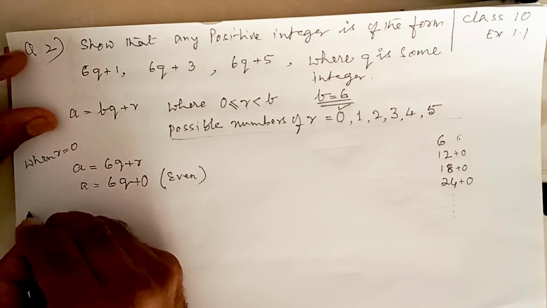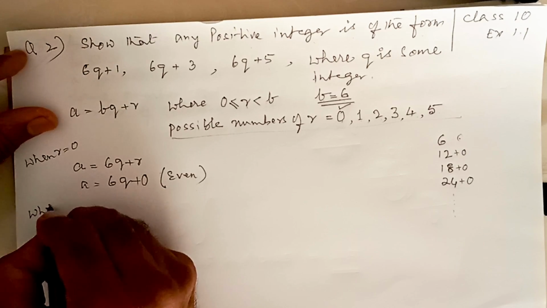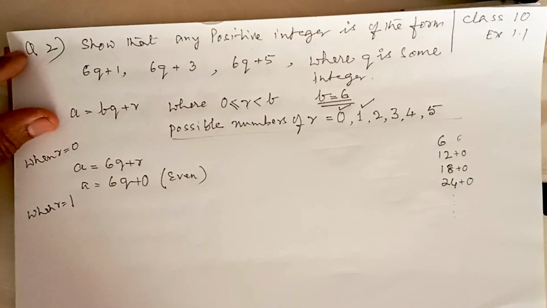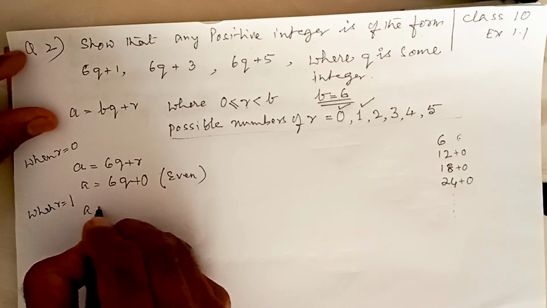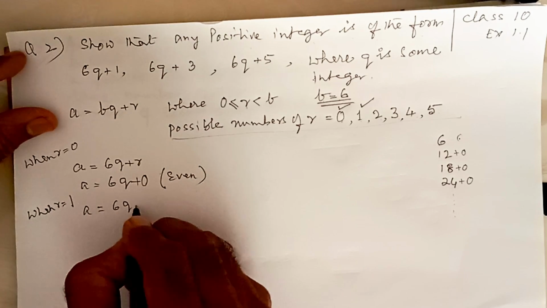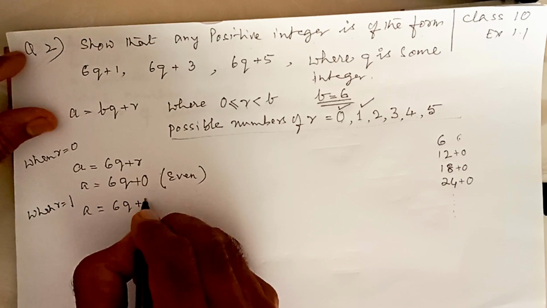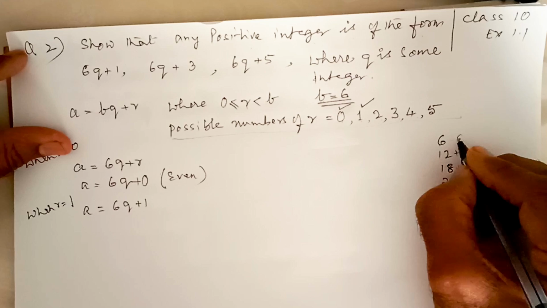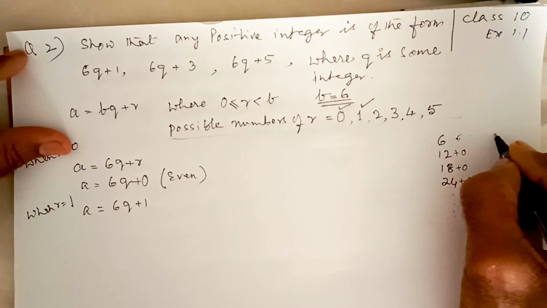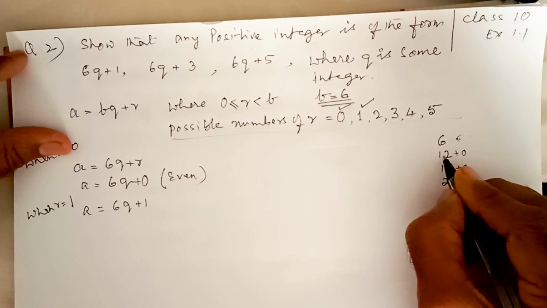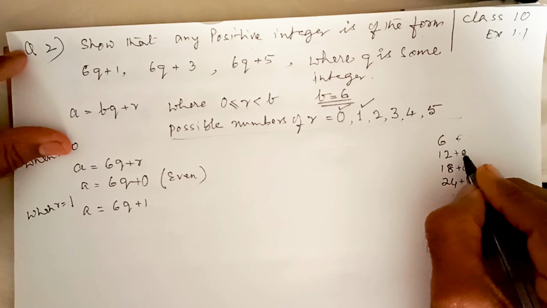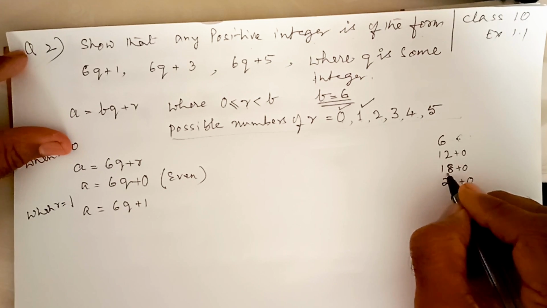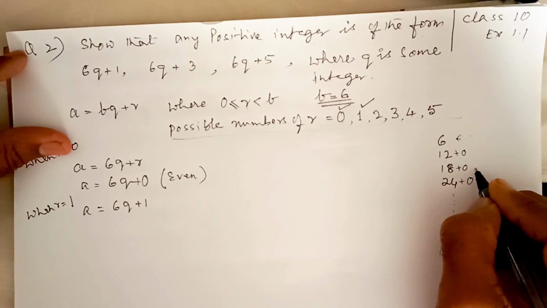In the next case, when the r value is 1, we take this as the r value. Now apply a is equal to 6q plus 1. When you do this, imagine you put 6 plus 1, it becomes 7, which is an odd number. When you add 12 plus 1, 13 is an odd number. When you add 1 to 18, it becomes 19.